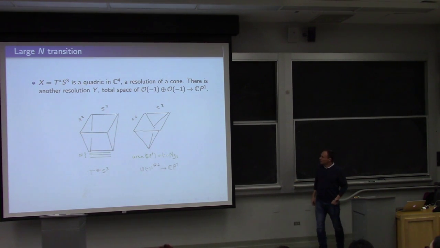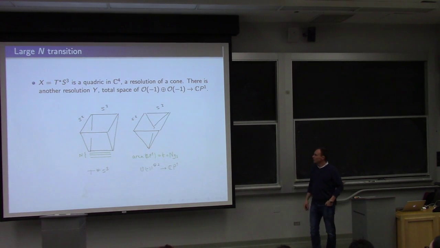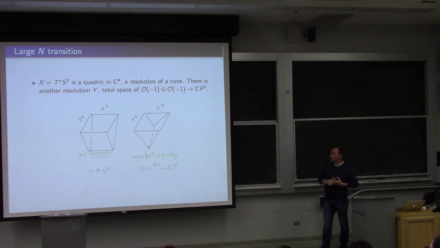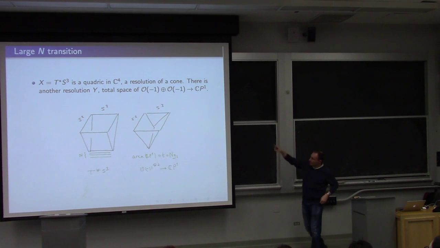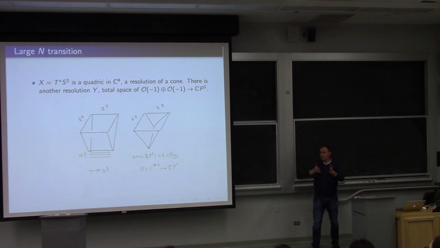That's the thing that's not drawn in the picture. On the left-hand side, you see at infinity the cotangent bundle of S3 looks like S3 times S2. And the picture is supposed to indicate that the triangle somehow fills in the S2.